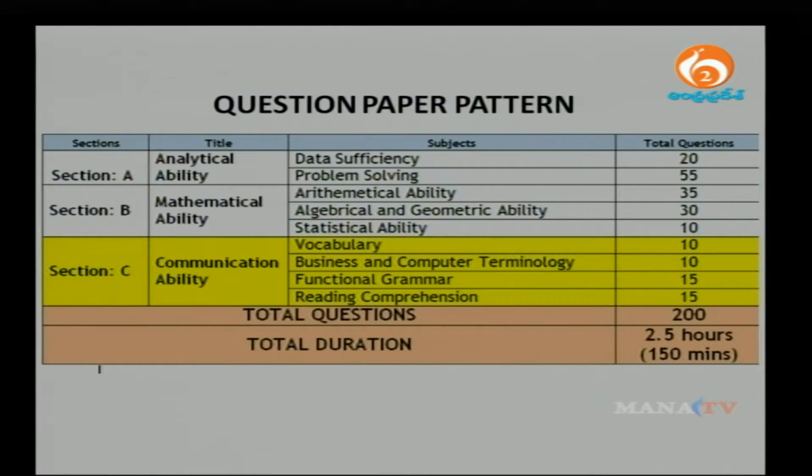So the total number of questions, sections A, B and C combined, is 200, which you need to answer in 2.5 hours, which is 150 minutes. So 200 questions means 200 marks. Each question carries 1 mark. So that's the entire pattern.